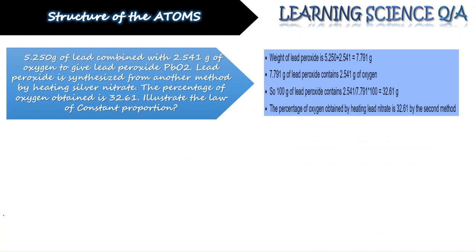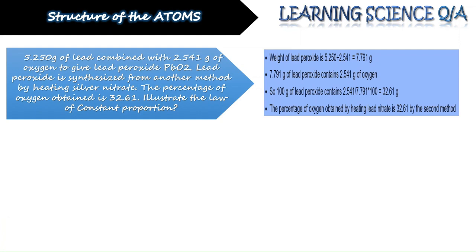Now, as per the law of constant proportion, no matter from which method lead peroxide is synthesized or formed, the proportion of the elements forming lead peroxide, that means lead and oxygen, will be the same. So let's see this.